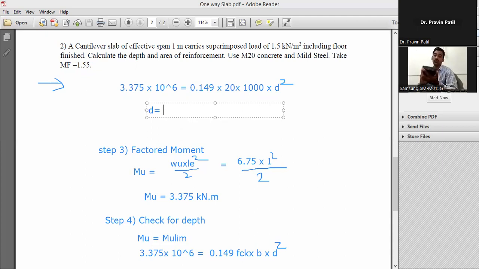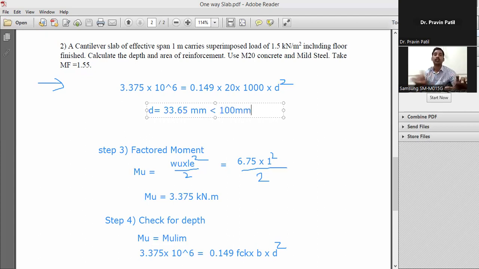So now 3.375 into 10 raised to the 6 divided by 0.149 into 20 into 1000. We get D equal to 33.65 mm. The actual small d we provided is 100 mm, so the required depth is less than 100 mm.